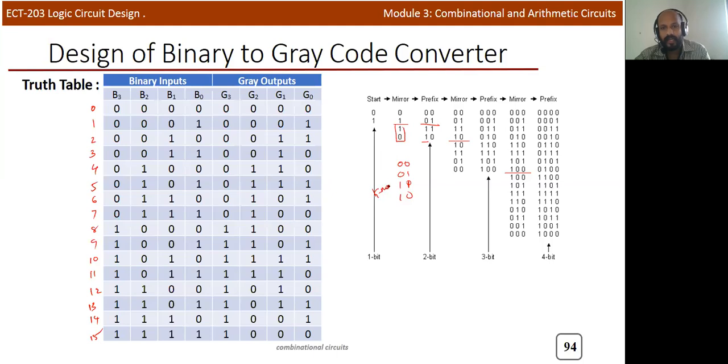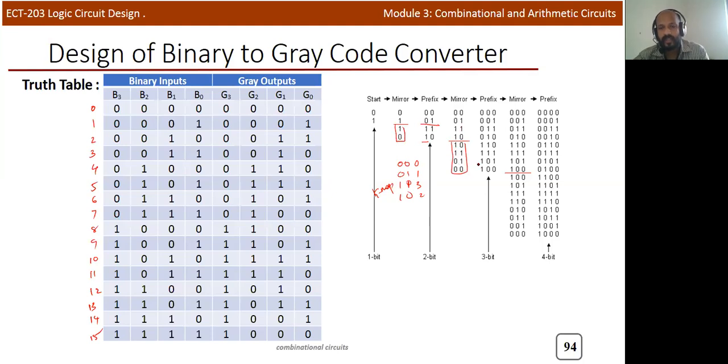So you can easily write the 2-bit gray code sequence 0, 0, 0, 1, 1, 1, 1, 0, that is 0, 1, 3, 2. Okay. If you know the 2-bit sequence, then it's very easy to write the remaining. This is the 2-bit gray code sequence. Right, just write the mirror image. Okay, means 1, 0, 1, 1, 0, 1, 0, 0.